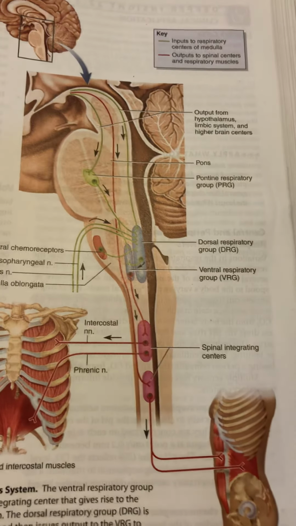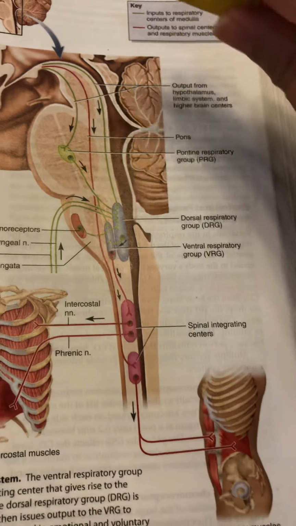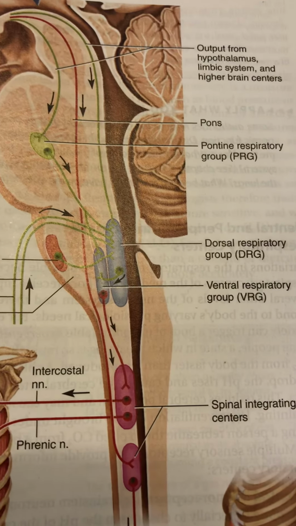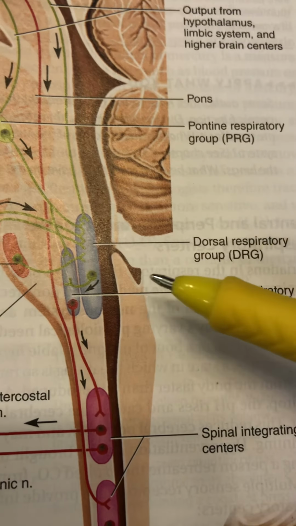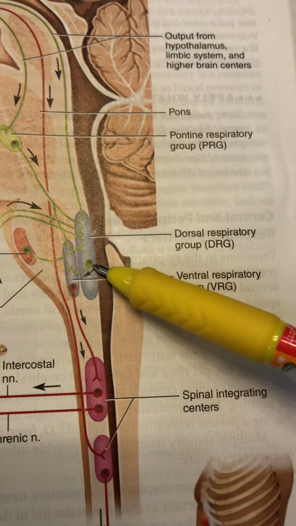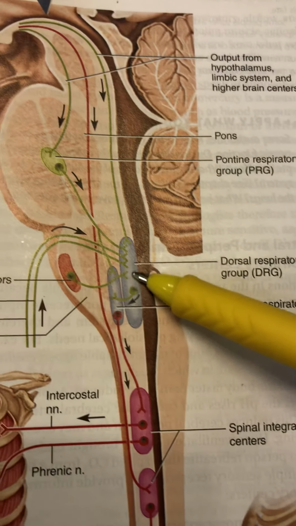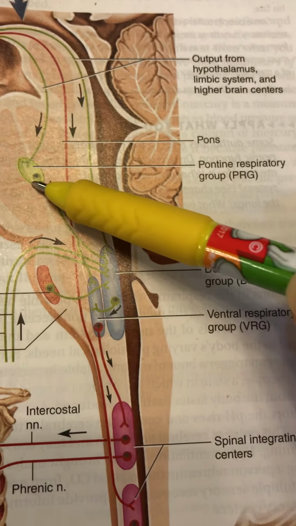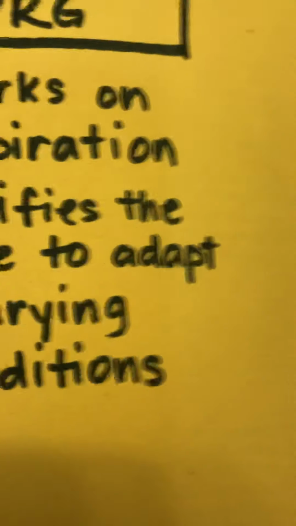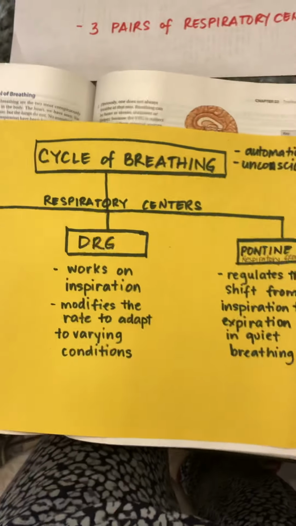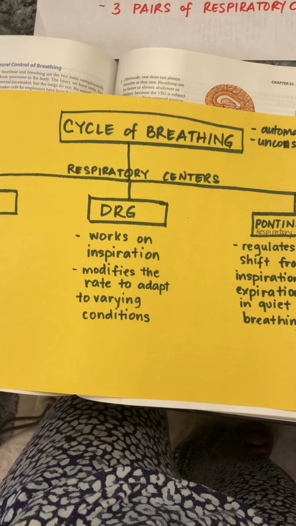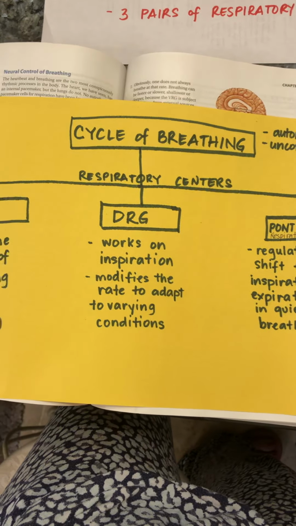Okay, so again, going back to the image, this is the brainstem. We have here the ventral respiratory group, the dorsal respiratory group, and the pontine respiratory group. Now to summarize everything, so the cycle of breathing is automatic and unconscious, and there are 3 respiratory centers.